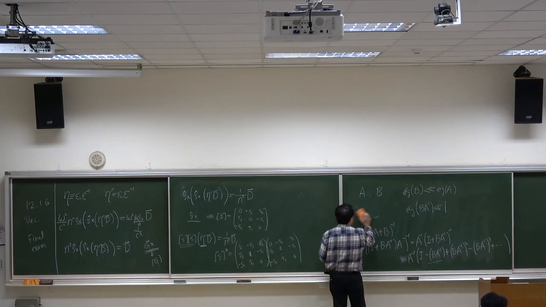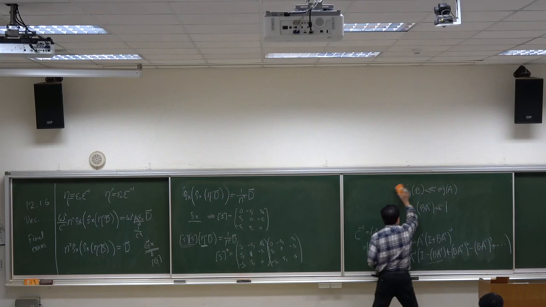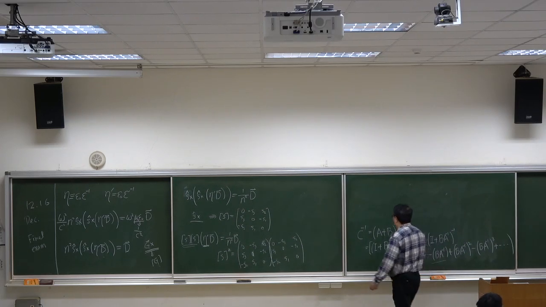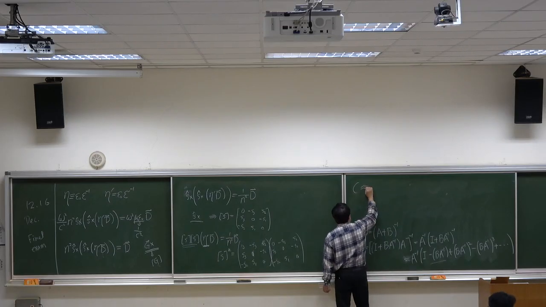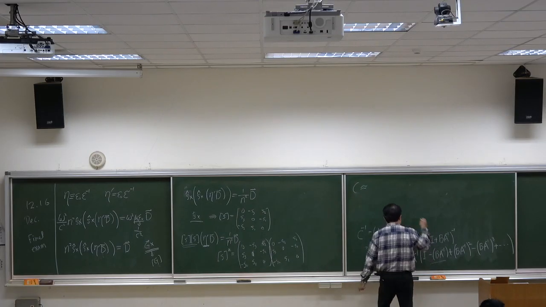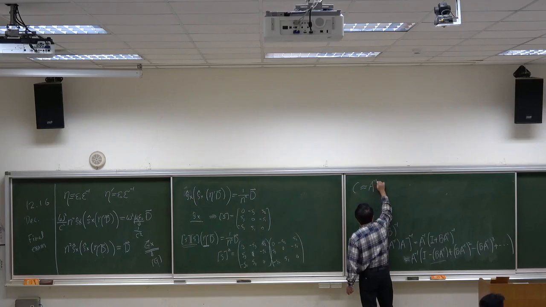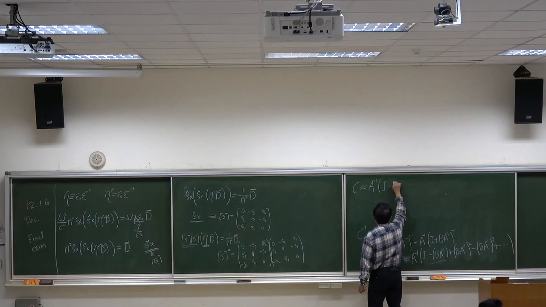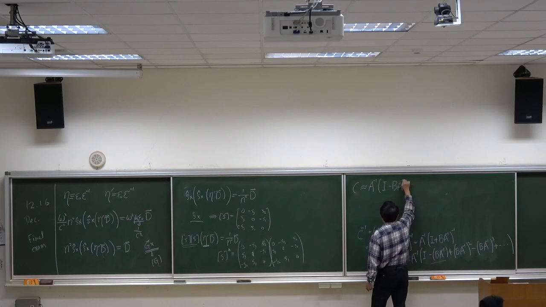So now C can be approximated by A inverse times unit matrix minus B A inverse.